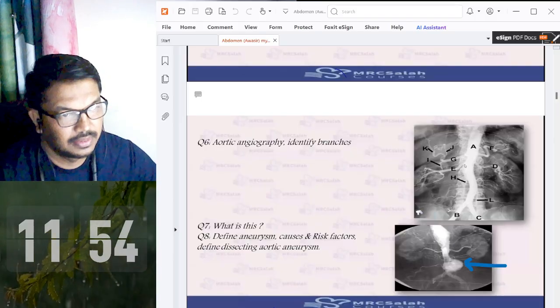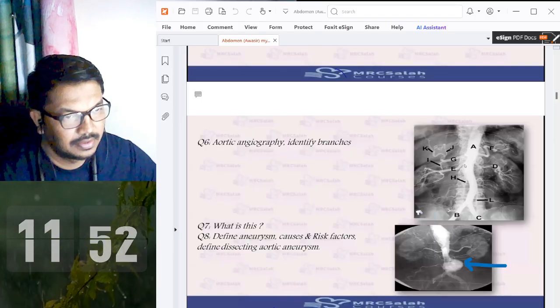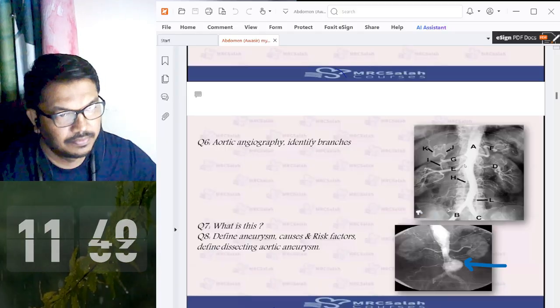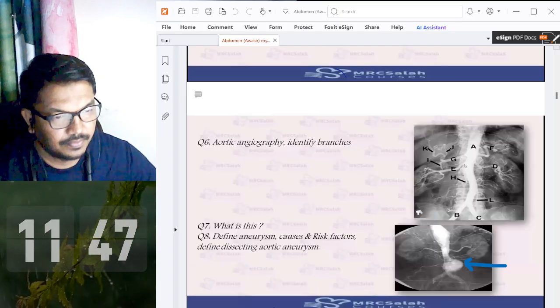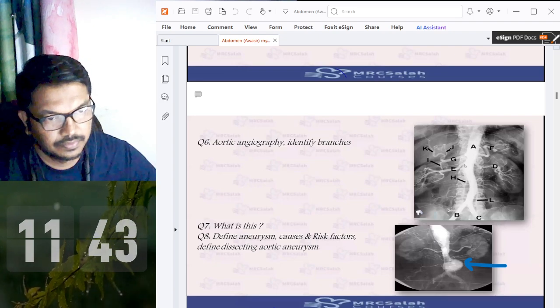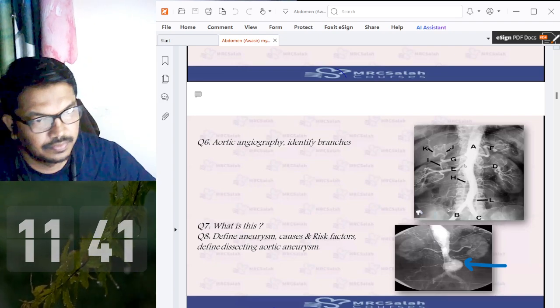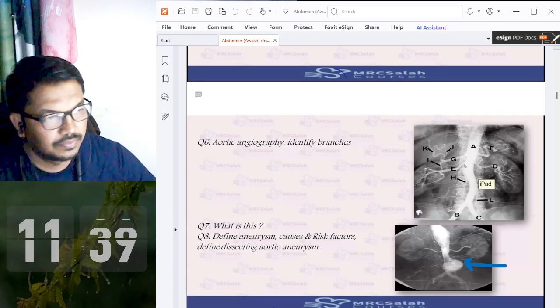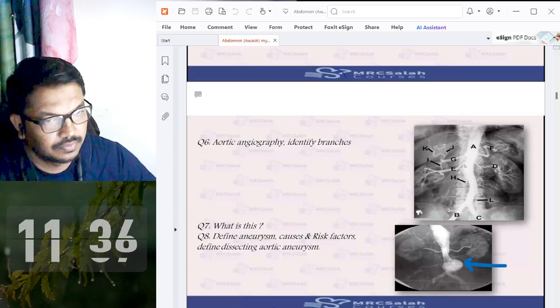A, abdominal aorta, then B right common iliac artery, C left common iliac artery, then D is the left renal artery, and E is the right renal artery.